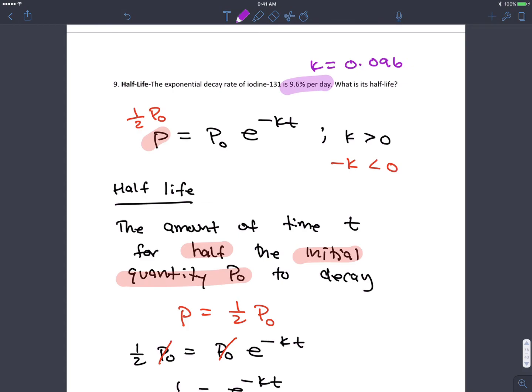Notice k again is positive. So I'm going to use that value because that's my decay rate. The question asks: what is its half-life? Now the half-life is in a day unit because it's a 9.6% per day rate.